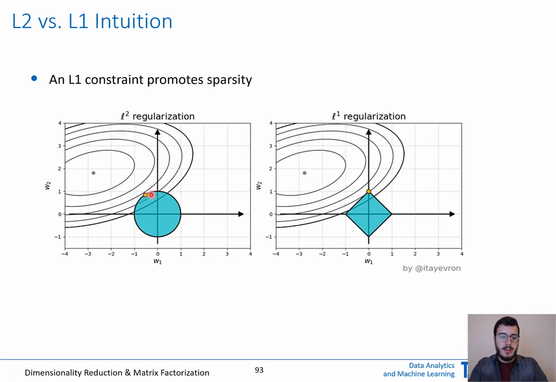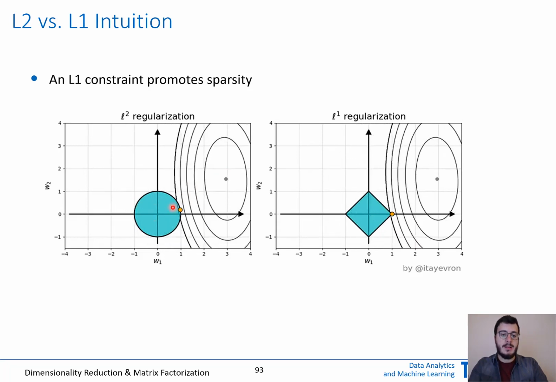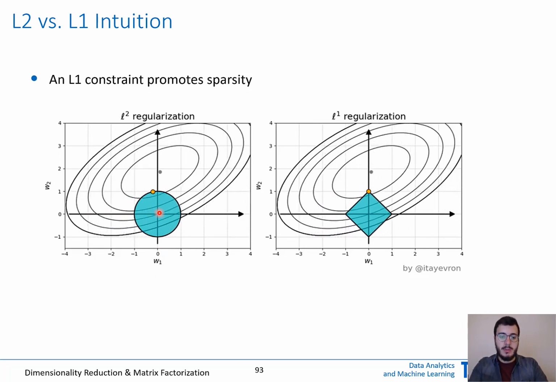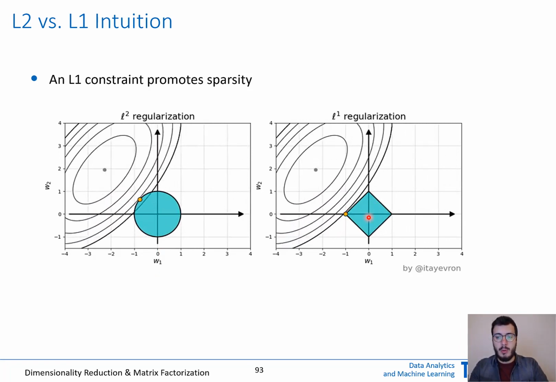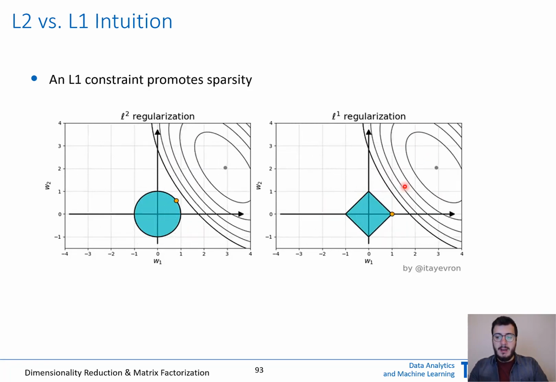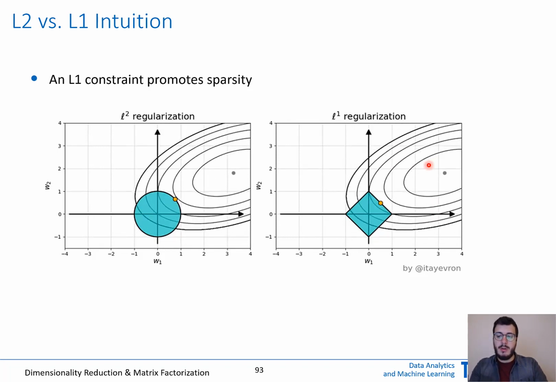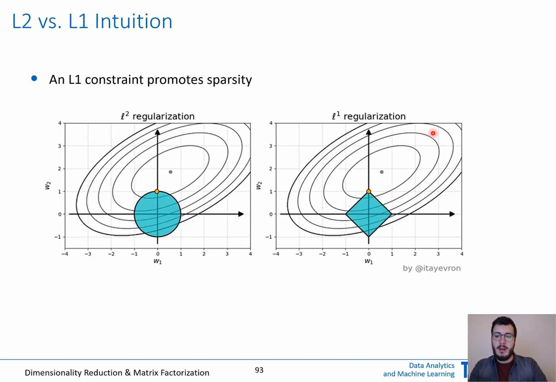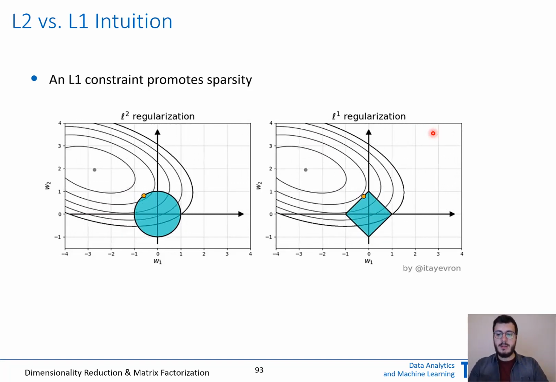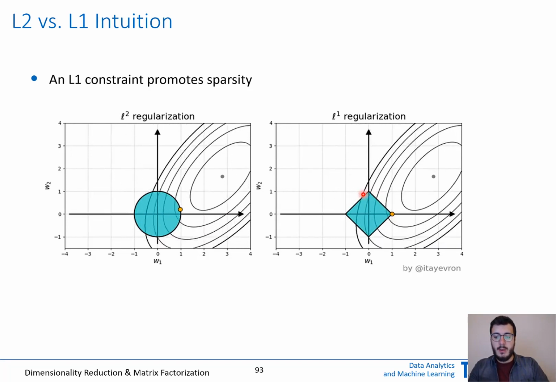So this orange dot is the closest point to the minimum that still satisfies the constraint that the norm, in this case the L2 norm, should be less than 1, and in this case the L1 norm should be less than 1. And we see that for many different versions of the objective function, which are shown now with this rotating contour line, the solution is often at one of these corners.